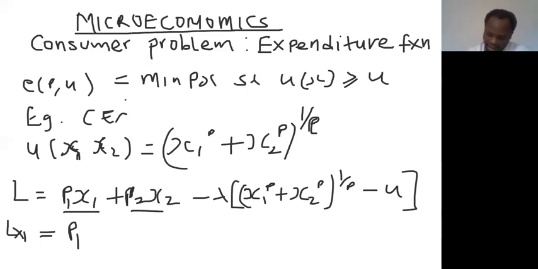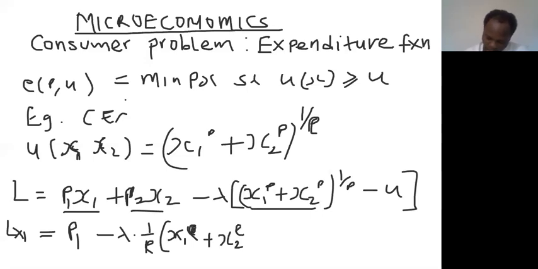Then from the third, I have minus lambda multiplied by 1/φ into bracket (x1^φ + x2^φ) raised to the power 1/φ minus 1, times the derivative of the inner expression, which gives φ x1^(φ-1), and I equate it to 0. So this is equation 1.